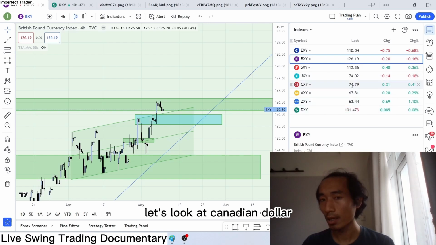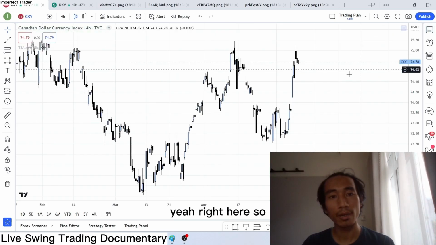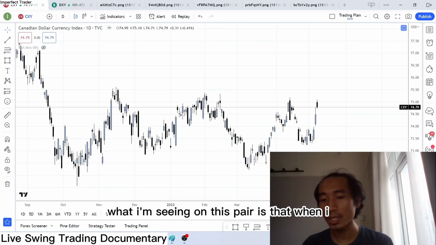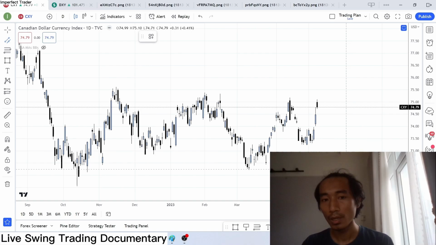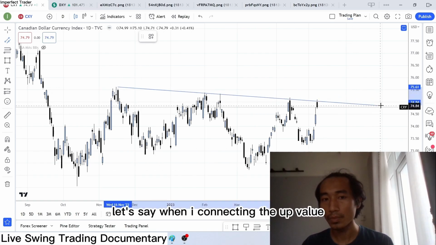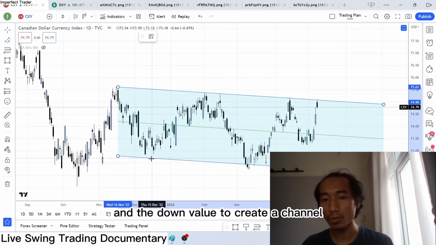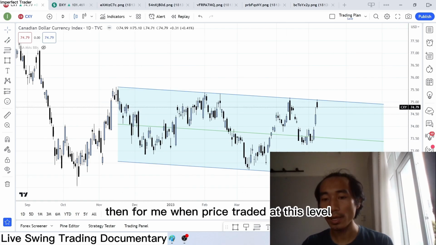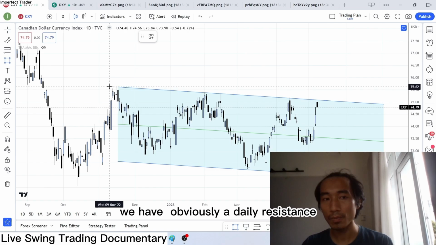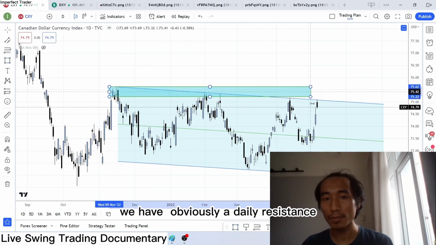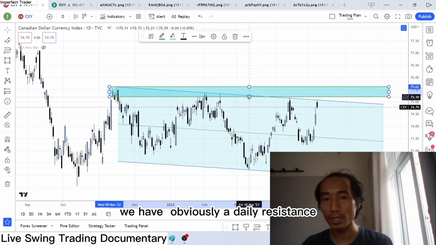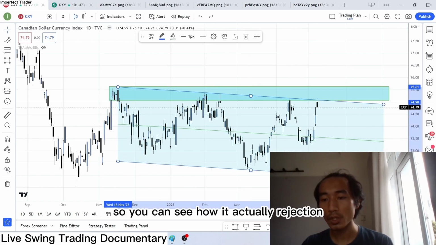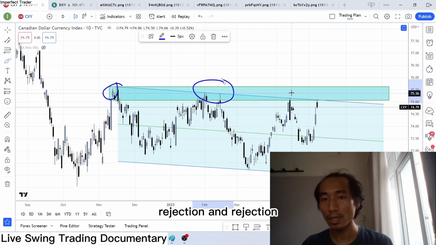Let's look at the Canadian dollar. Yeah, right here. So you can see on the Canadian dollar, what I'm seeing on this pair is, let's say, when I connect the up value and the down value to create a channel, then for me when price trades at the level we have, obviously a daily resistance. You can see how it actually rejects, rejects, and rejects.